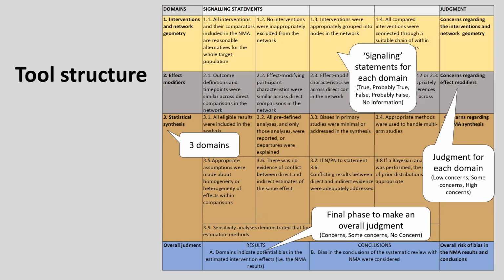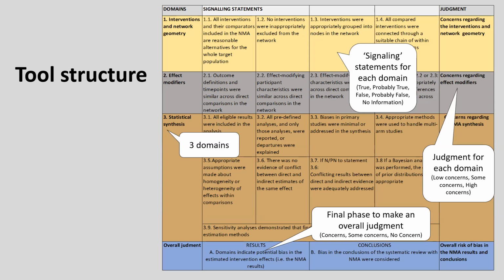For the domain level judgment, the signaling statements lead assessors towards the domain level risk of bias judgment, which will be low risk of bias, some concerns, or high risk of bias. That's the judgment for each domain here on the right. Some concerns basically replaces unclear risk, which is found in other tools such as ROBINS. Then at the end, we have the final overall judgment.